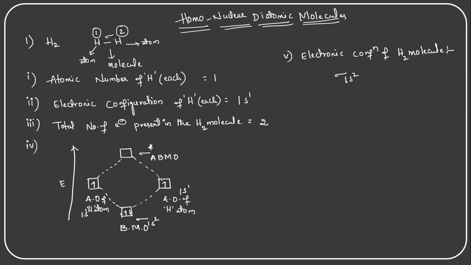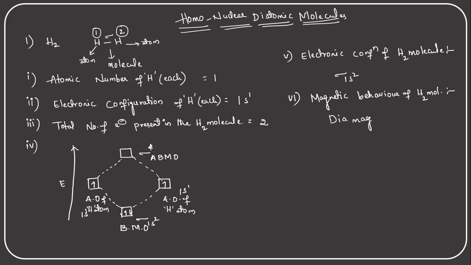Sigma 1s2 means there are two electrons in the bonding molecular orbital. So what will be the magnetic behavior of this molecule? The magnetic behavior of the H2 molecule is diamagnetic. Why is it diamagnetic?